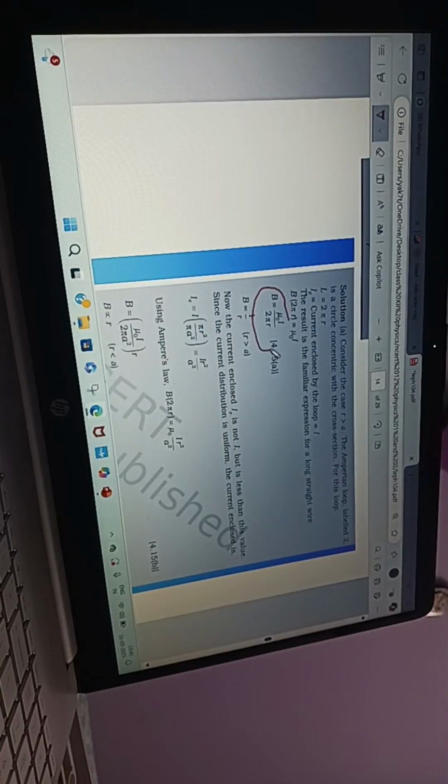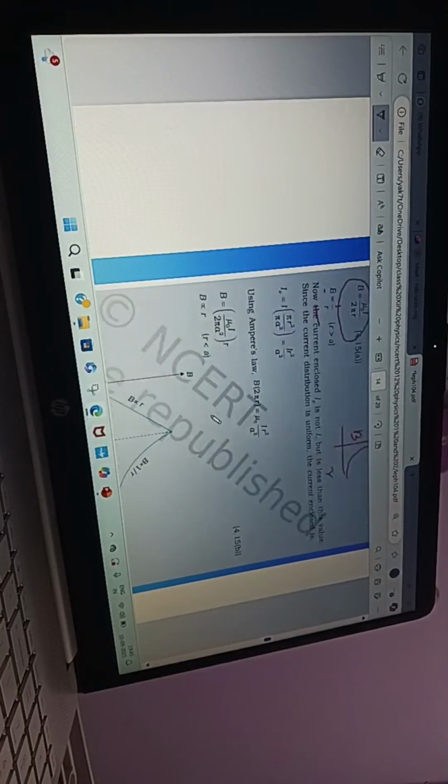This is outside. So outside, B is proportional to 1 by r. If r is increasing, B will decrease. So you will get a graph like this. This is r, this is B.